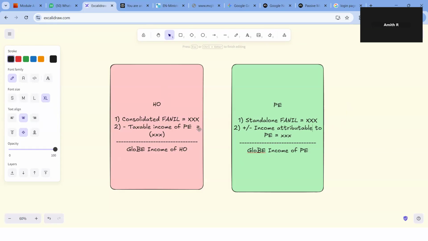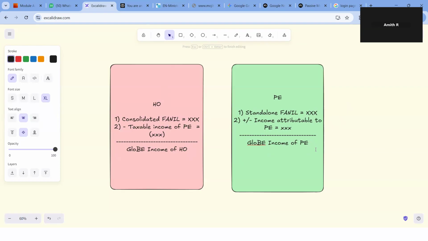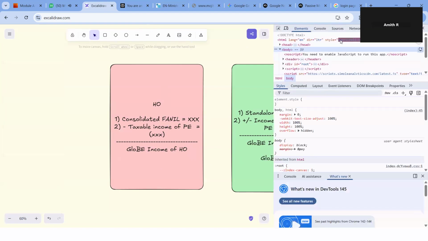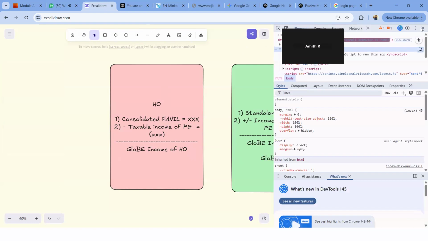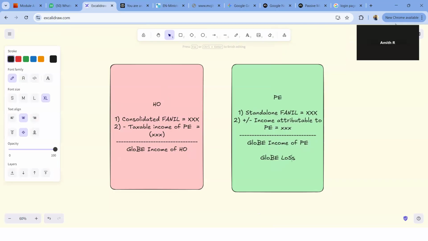Now let's say that this is a loss case. In case of a loss, let's say this is a loss. Now what will you do?